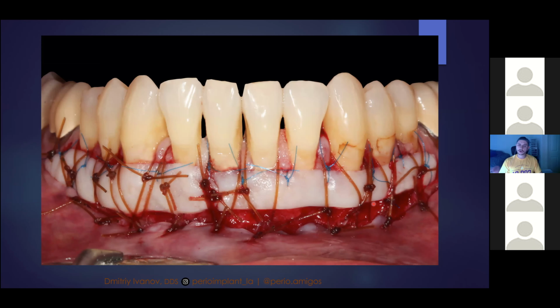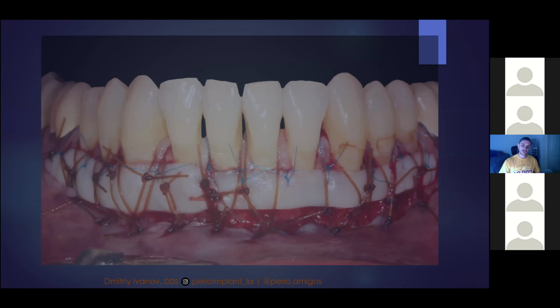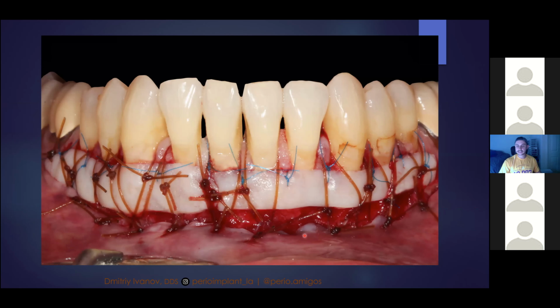As you can see, relatively large, both palates were taken, left side and right side, and the bed preparation, the apical positioning of the flap. As you can see, I secured the flap to deepen the vestibule. We wanted to push everything down, so I tried to apically position the tissue, secure it to the periosteum to deepen it, and then harvested 2 nice long pieces of free gingival graft.